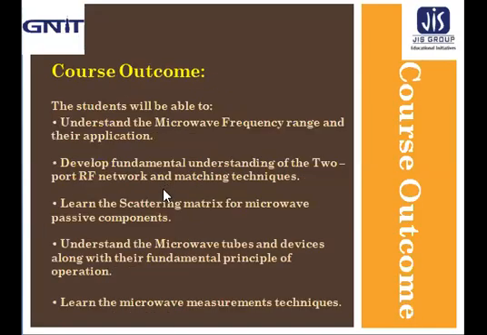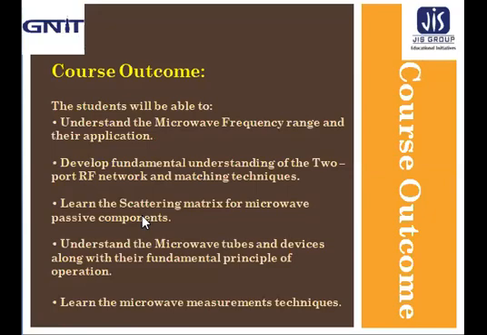There are some course outcomes. After completion of this course, students will be able to understand the microwave frequency range and their application. They will be able to develop a fundamental understanding of the two-port RF network and matching techniques.